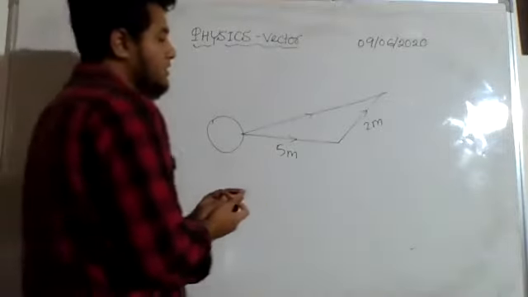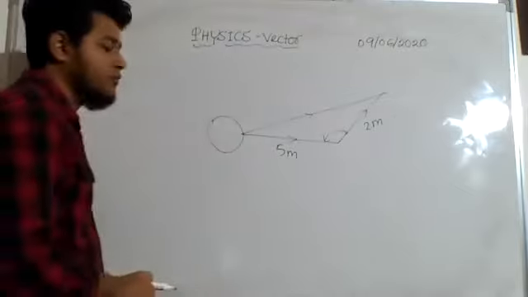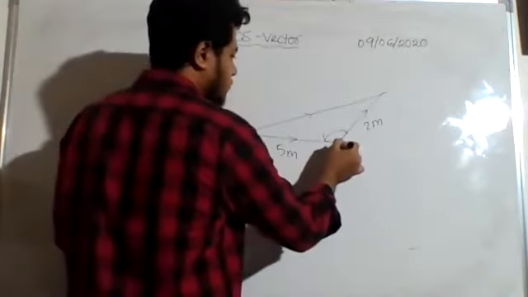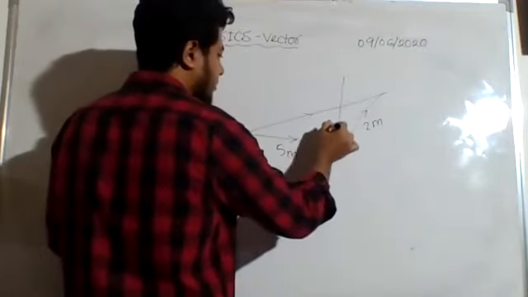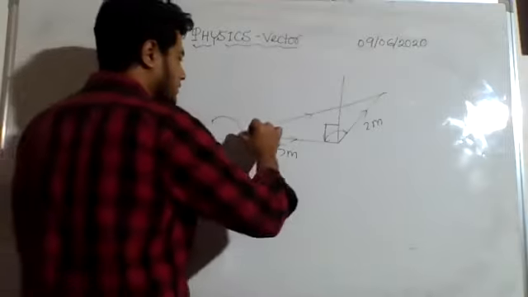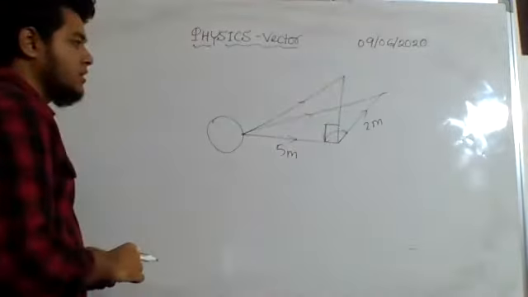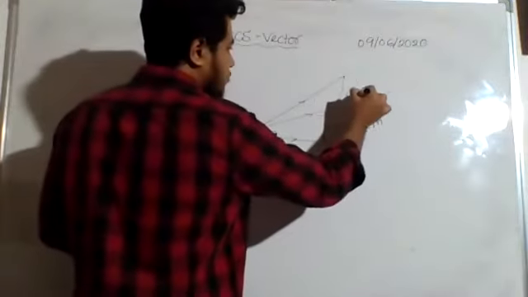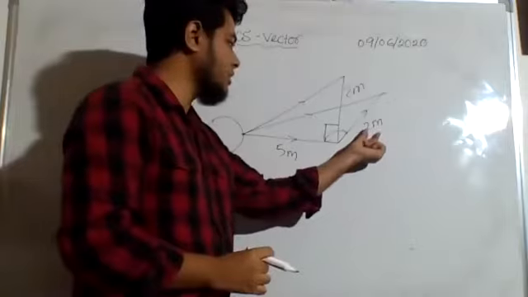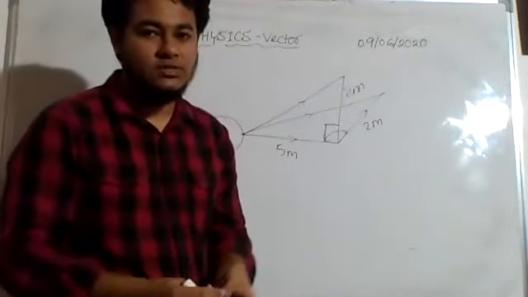Now let us say I change the angle. Currently this is the angle between these two vectors, right? If I change the angle, let us say I took 2 meters in this direction perpendicularly. Now the resultant vector is going to be this, right? So as you can see, even though this is 2 meters and this is also 2 meters, you can say 5 meters plus 2 meters, 5 meters plus 2 meters, both of them are not going to give you the same answer.